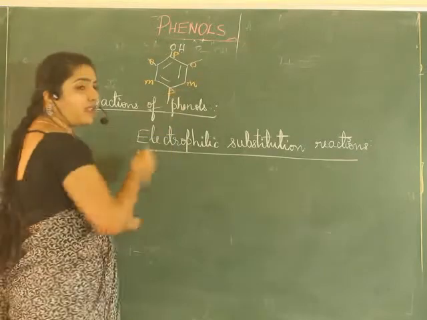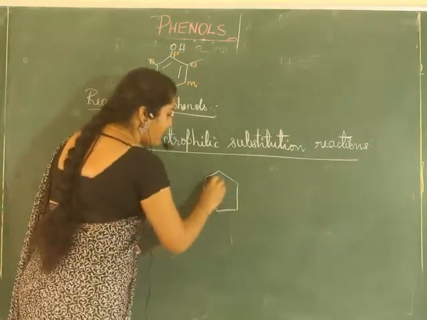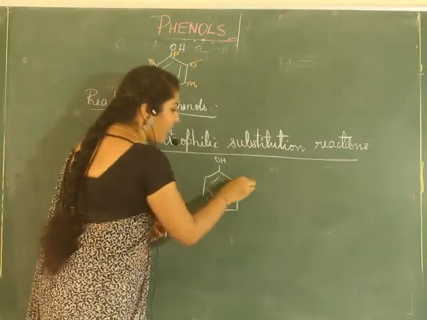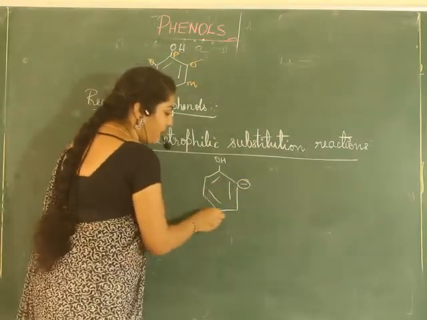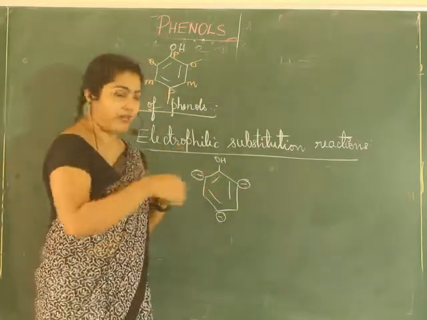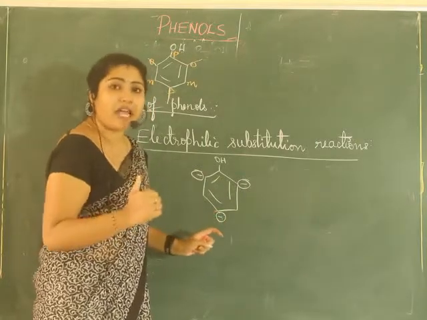Because when you have seen the resonance structure, you might have observed that in the benzene ring, in the ortho and para positions, during the movement of electrons, there are negative charges in these places. What does that tell you?